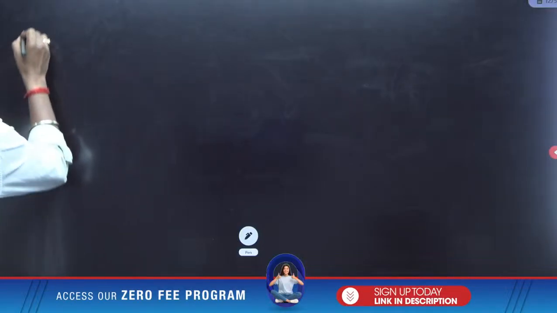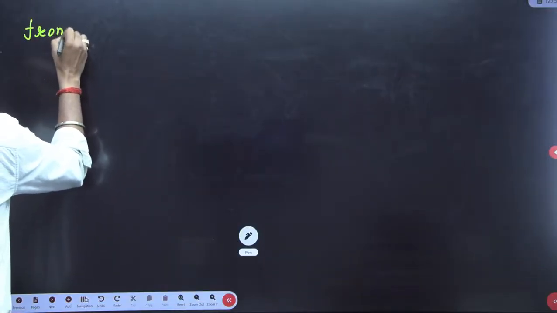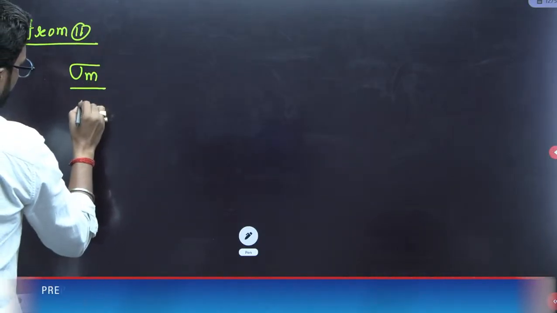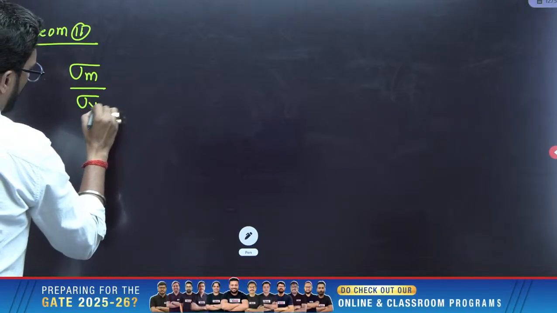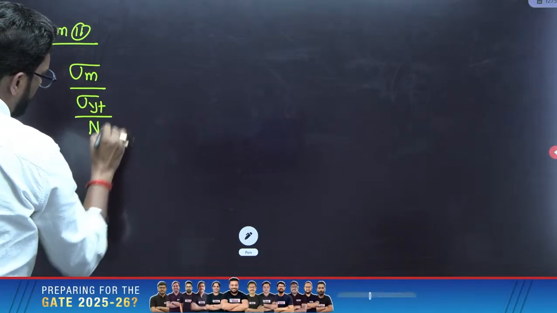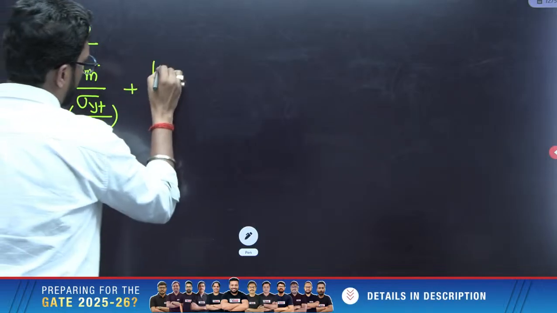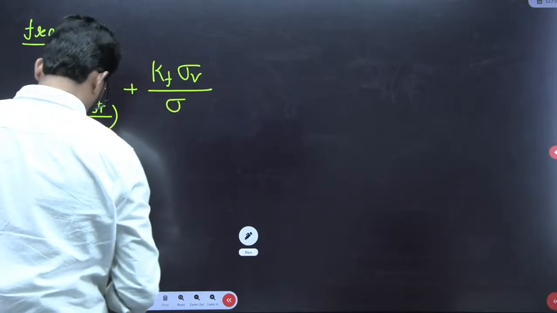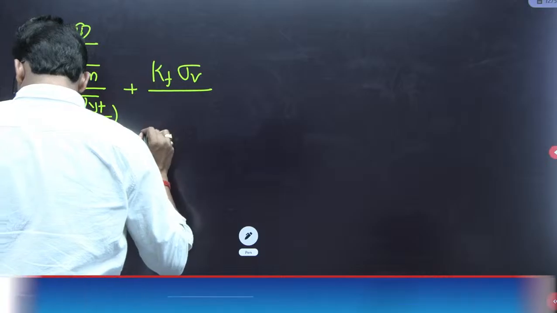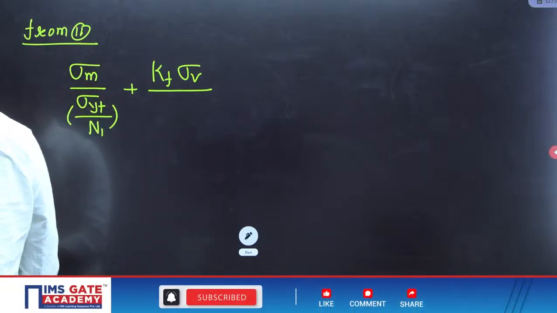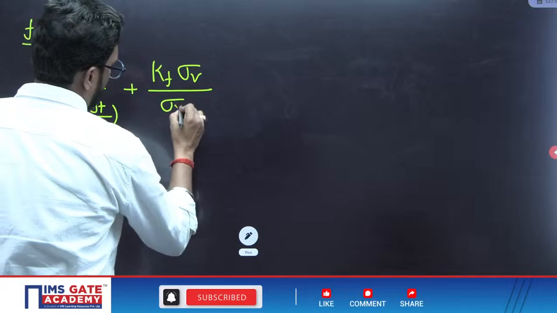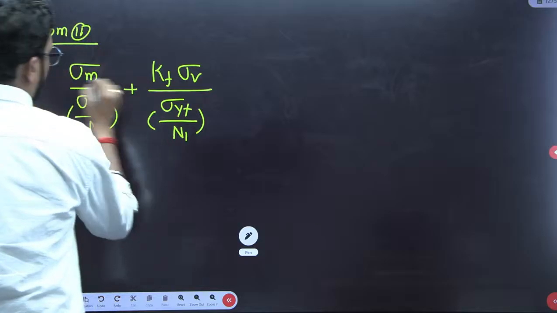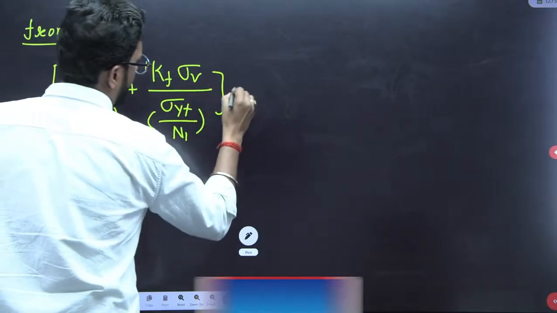So from the Langer equation, sigma m divided by sigma yt divided by n1 plus Kf sigma v divided by sigma yt divided by n1, both less than or equal to 1.